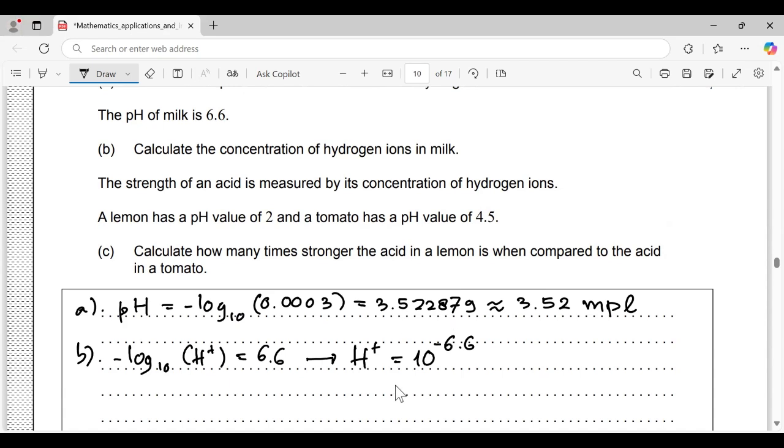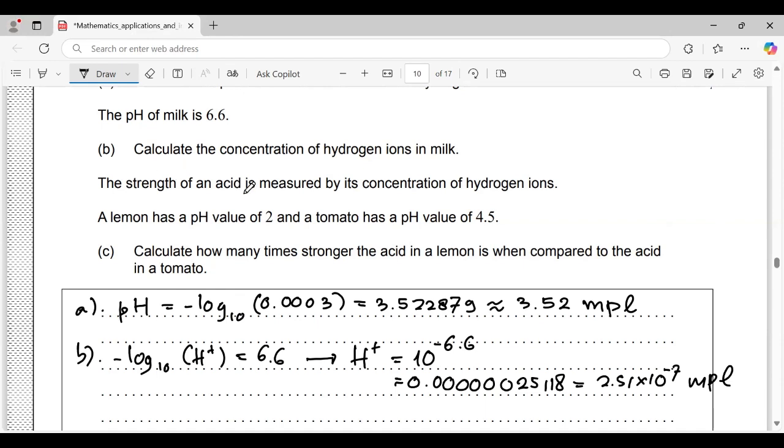And the result, if you calculate on your calculator, is 0.00000002518, or 2.51 times 10 to the power minus 7 moles per liter.